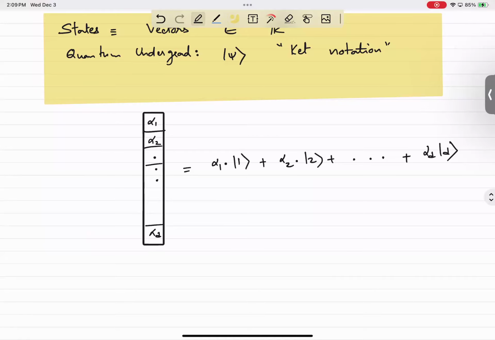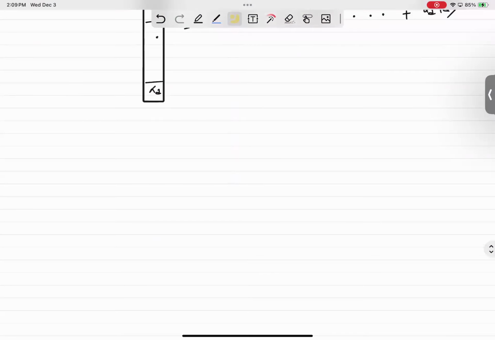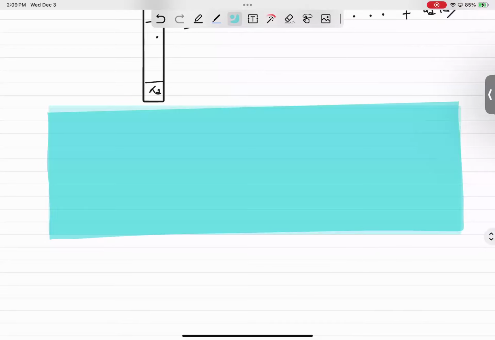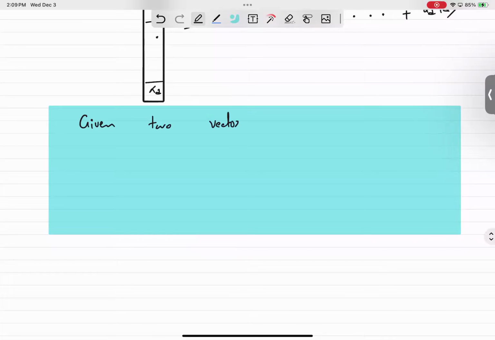And the other thing that we talked about was dot products. Given two vectors u, v, we define the dot product.